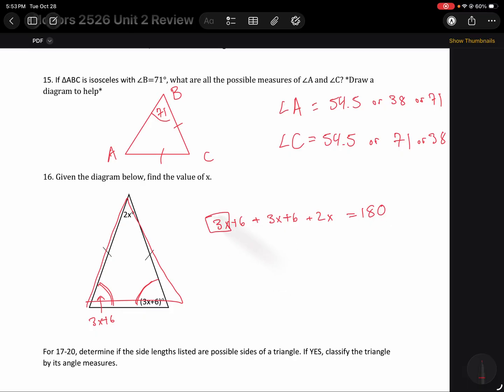So I have 8x in total plus 12 equal to 180. Subtract 12 on both sides. This will leave me with, I can't math at this point, 168. Then divide both sides by 8.